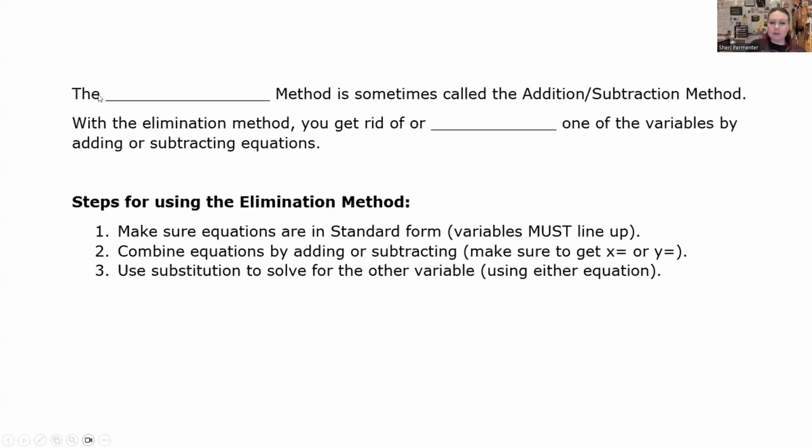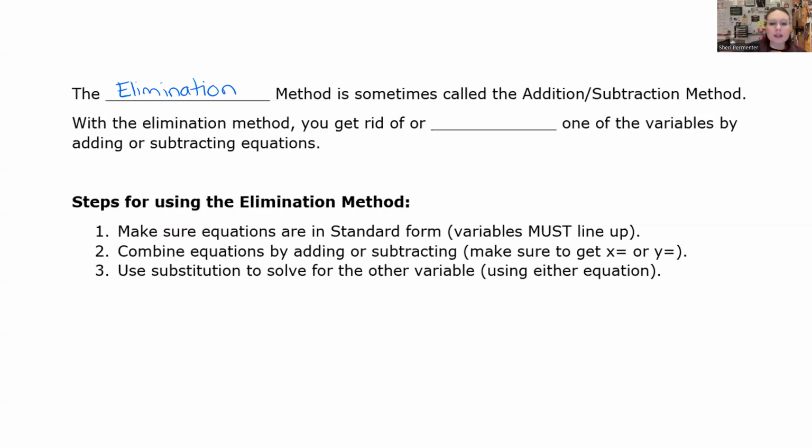The elimination method is sometimes called the addition-subtraction method, because ultimately that's what we're doing. We have two equations and we're going to add or subtract them together.